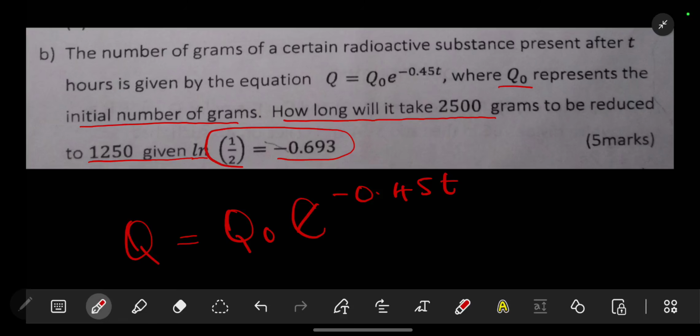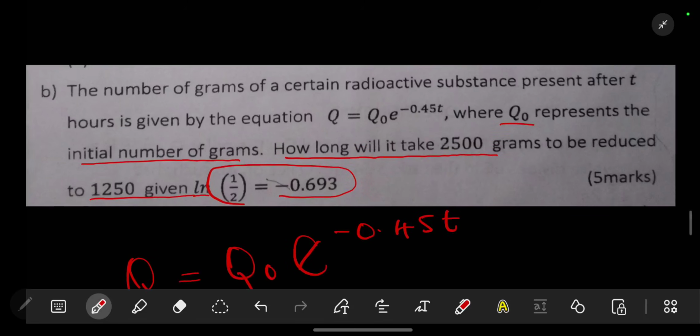So how are we going to answer this one? They have told us that the number of grams is given by this equation, where Q0 represents the initial number of grams.